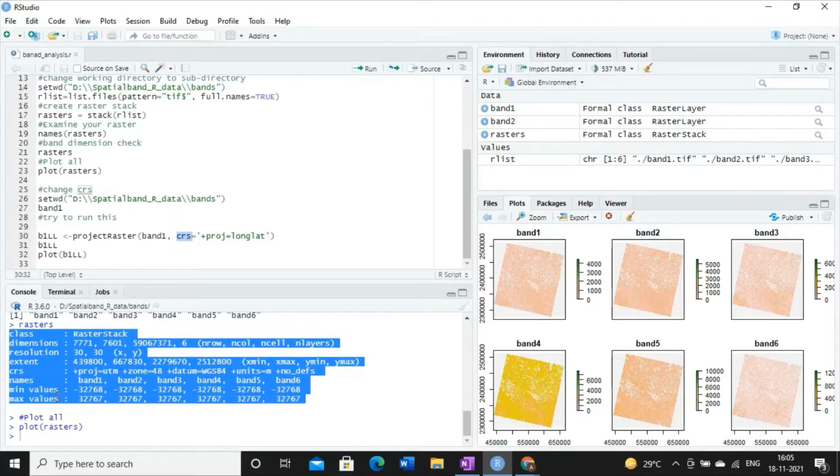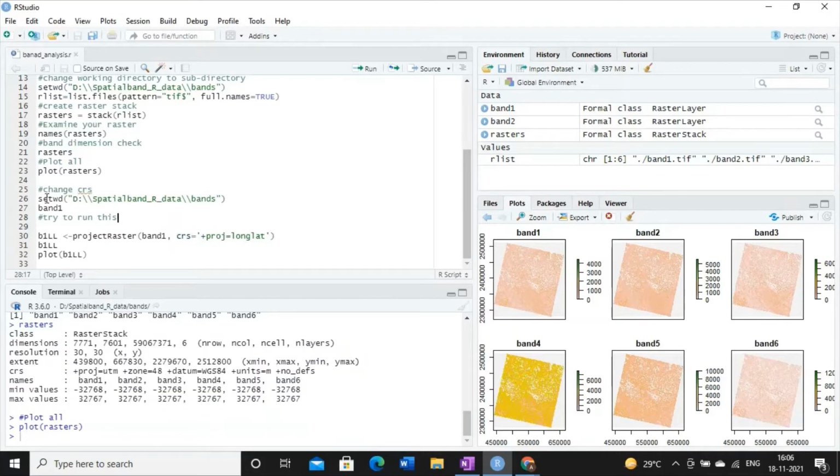Today we have to understand one concept, that is, why we need band projection. So this is our topic of discussion. Today we will learn the meaning of this set of lines and what we mean by band projection. Here I am working on band 1, but we can work on any other bands too.